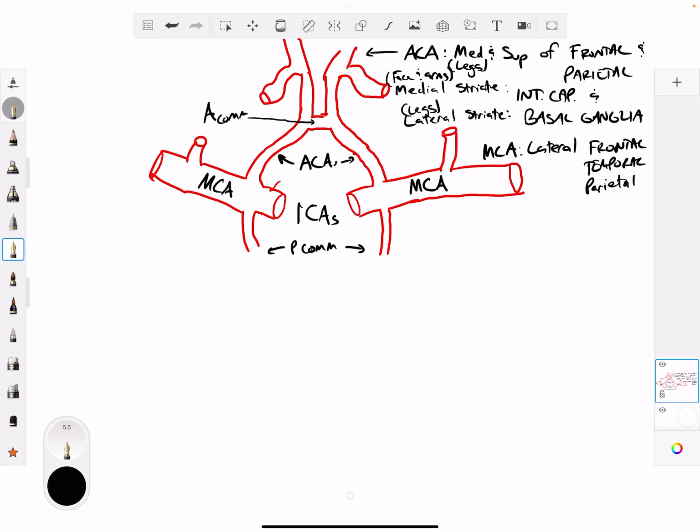That motor map is for the face and arms. So kind of like what we saw for the anterior cerebral artery, we can hit the face, arms, and legs if we hit both the superficial and deep branches of the middle cerebral artery.